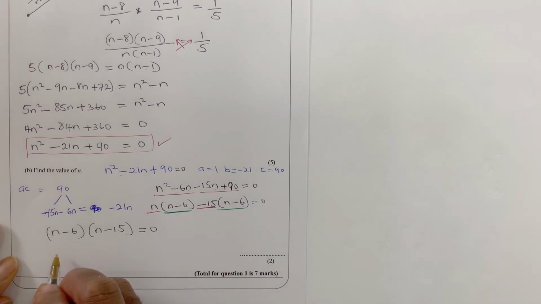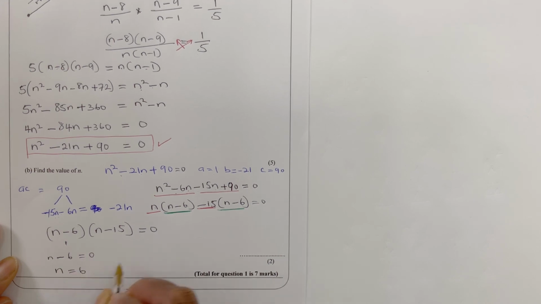In that case, I can set n minus 6 equal to 0, therefore n equals 6. N minus 15 equal to 0, therefore n equals 15.